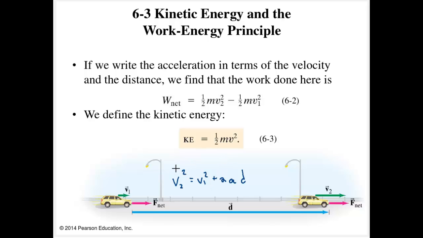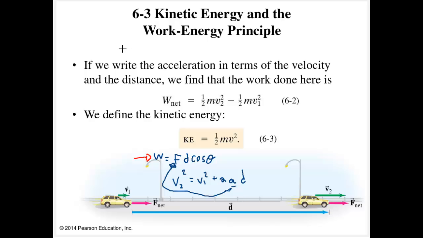We could solve for the acceleration, and then we could figure out how much work was done by saying force multiplied by distance multiplied by the cosine of the angle in between them. I've solved for my acceleration, use Newton's second law, put that in there, and at the end of the day come up with how much work I did. And that sounds like a lot of work. It is.